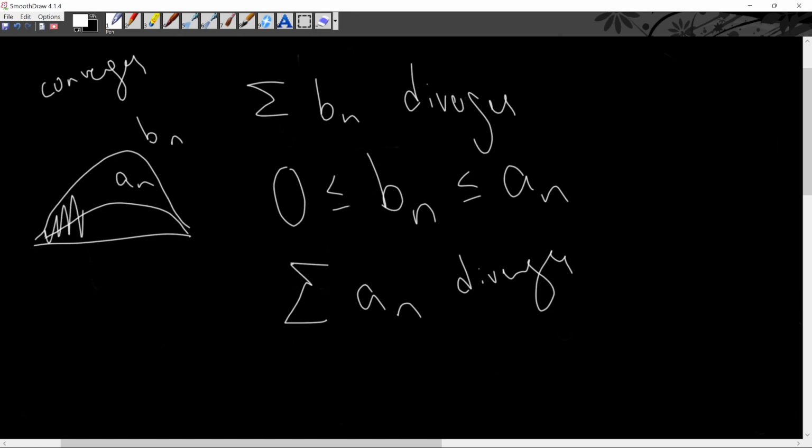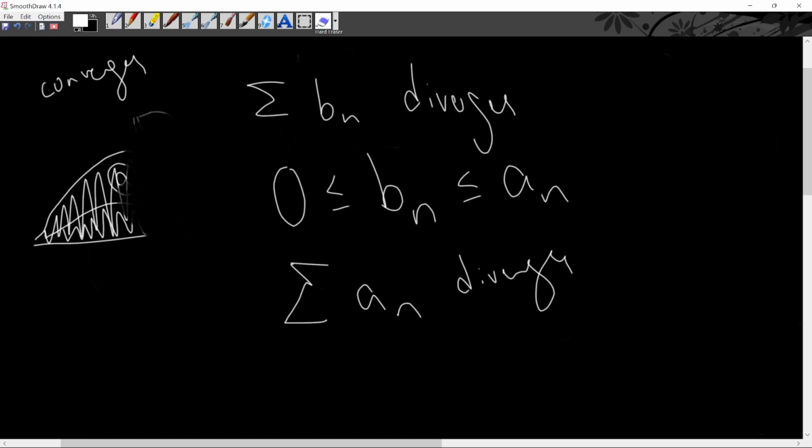If b sub n converges, and a sub n is less than b sub n, so every single term is less than its corresponding term in b sub n, that means that a sub n converges, because a is less than b. So if b has a value, then a is therefore a value that is less than that.